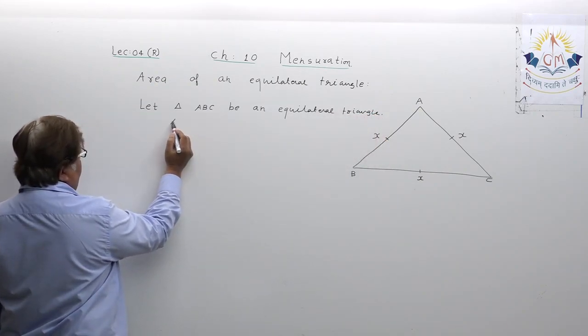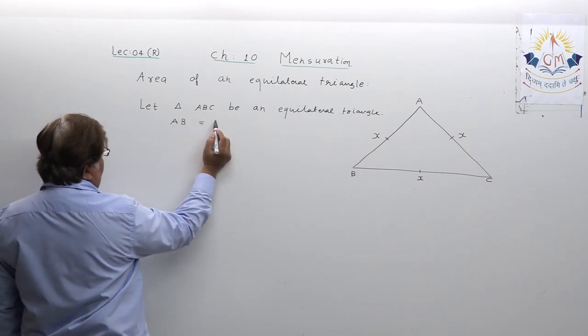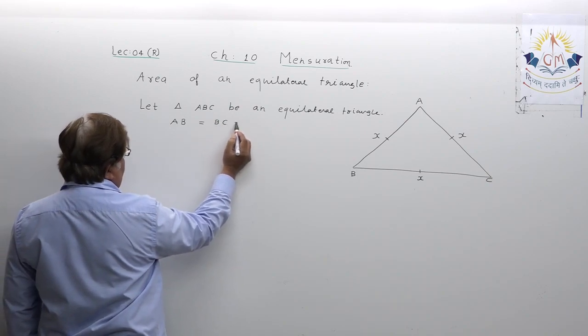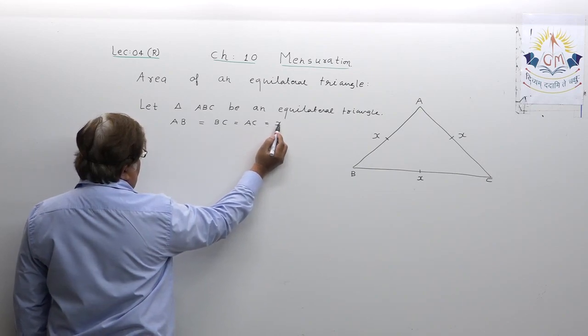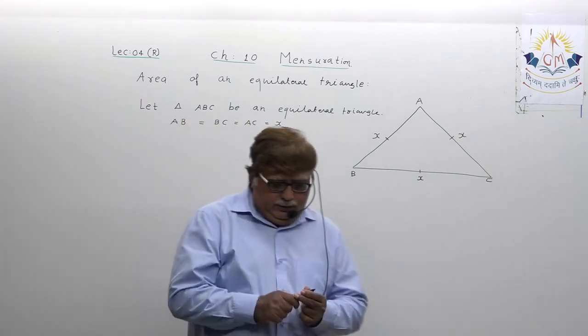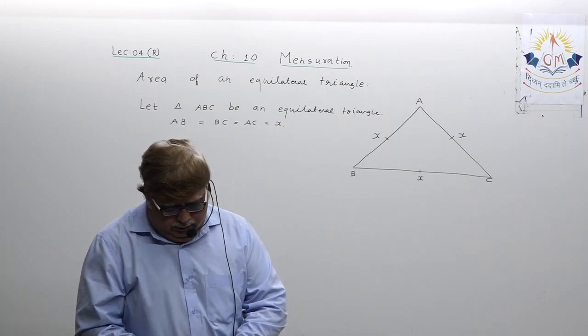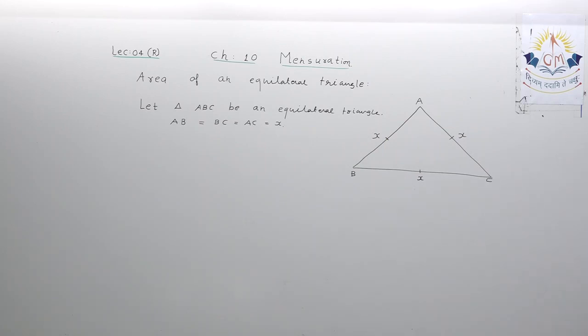All sides are equal, so can I write this way? AB equal to BC equal to AC equals X. Please write this down. We have supposed all three sides as x because it is an equilateral triangle where all sides are going to be equal.